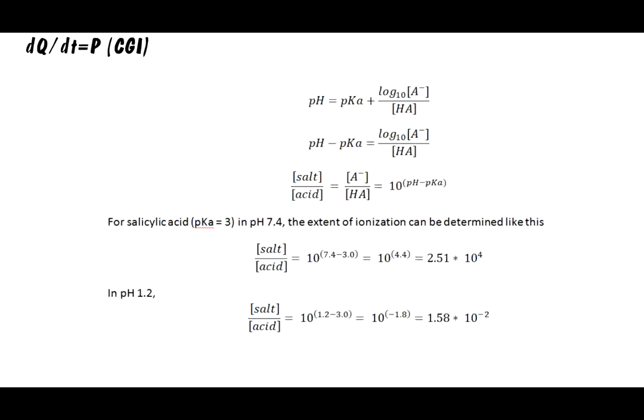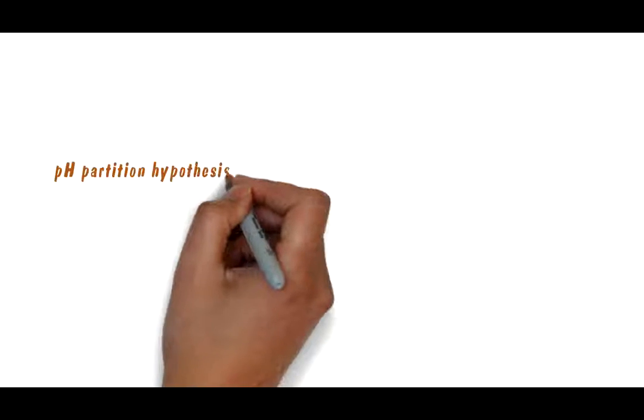So this explains that the more ionization is seen in a compartment, there is an increase in drug concentration in that compartment. The lesser the ionization, there is a decrease in the drug concentration in that compartment.